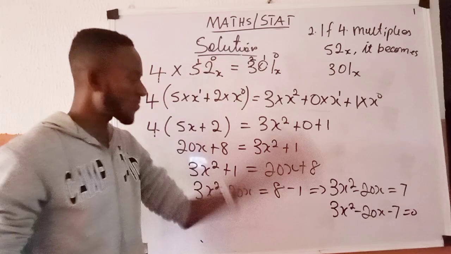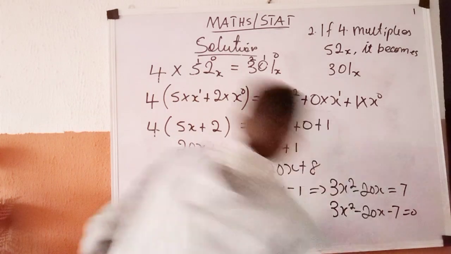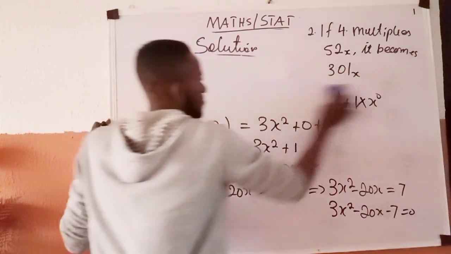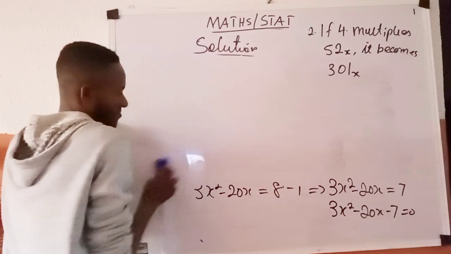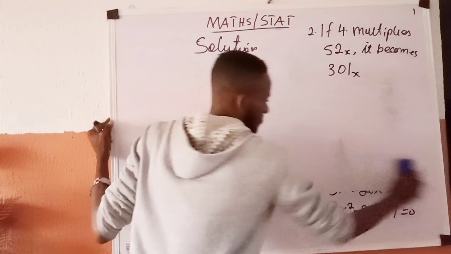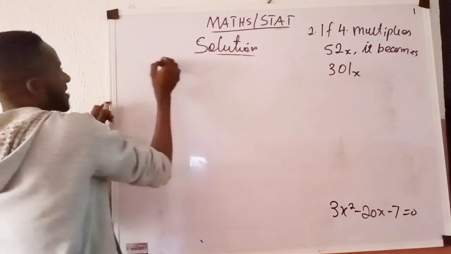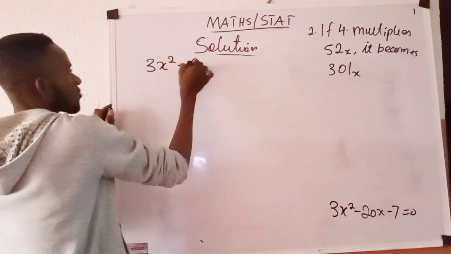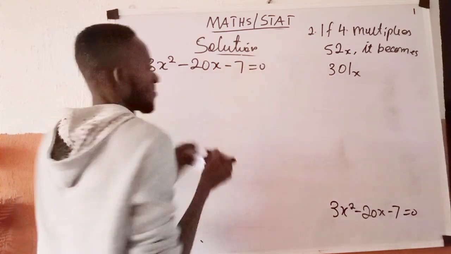So if I clean up here, I will call this problem up, we solve it here. So what I have there is 3x raised to power 2 minus 20x minus 7 equals 0.